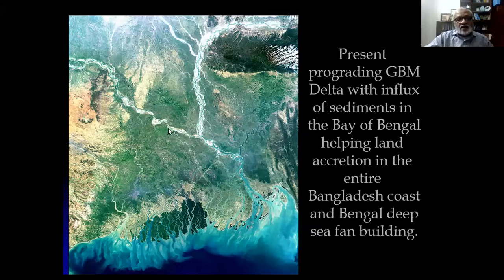The sediment started to pour in, then deposit on the floor of the sea, as it is being deposited now, and the coast started to shift, or prograde, towards the south, enhancing the land and pushing the sea farther away from the land.